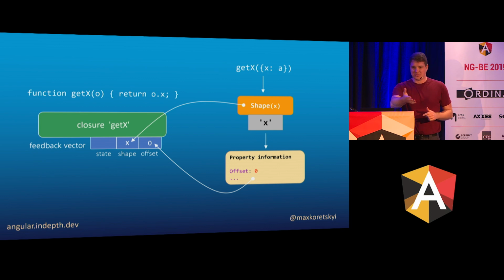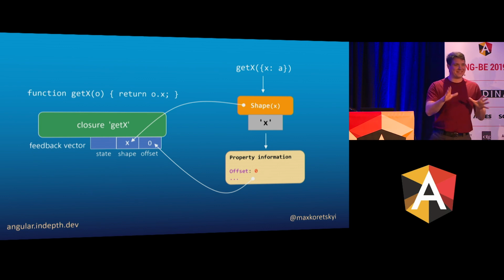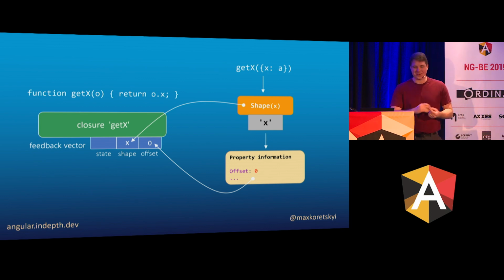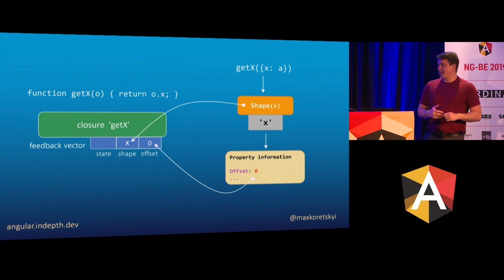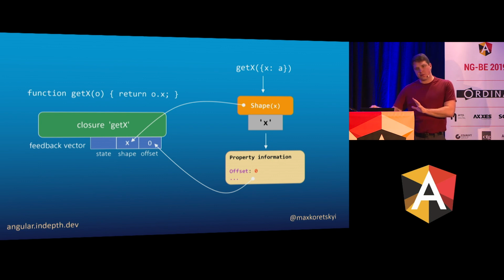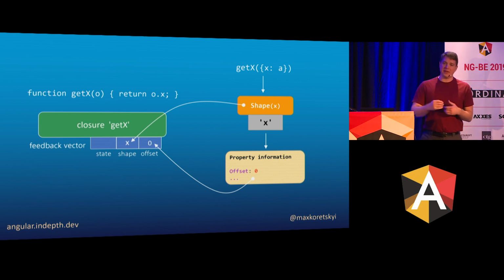I mean, my question wasn't clearly formulated. Anyway, it's always difficult. Yes, it has size, and it has capacity, basically: how many items you could put inside, and how many items are currently in there. So here, the feedback vector, or inline cache, also has size and capacity.